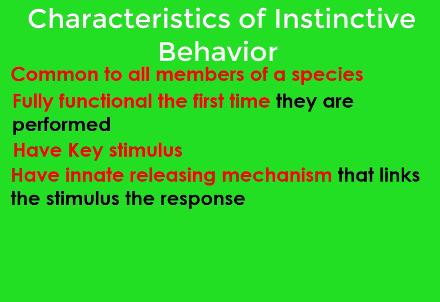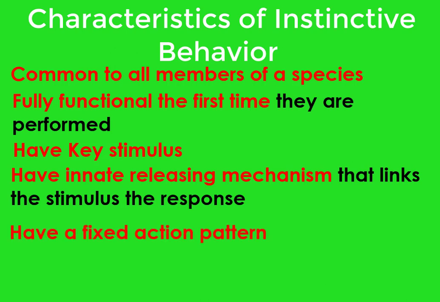This innate releasing mechanism is the linking or coordinating system that receives the stimulus and process the information that comes from the receptor in order to give response back to the stimulus in the form of fixed action pattern. This may be nervous system or hormonal system.